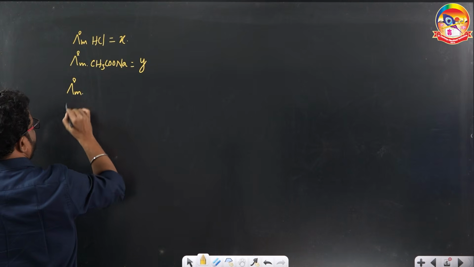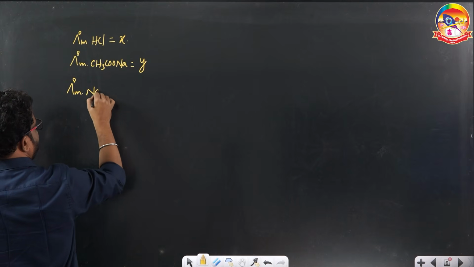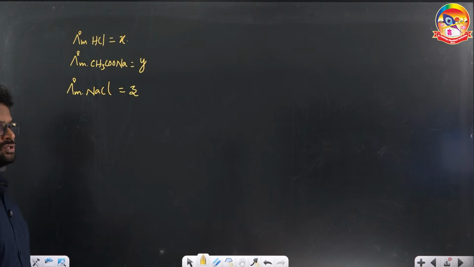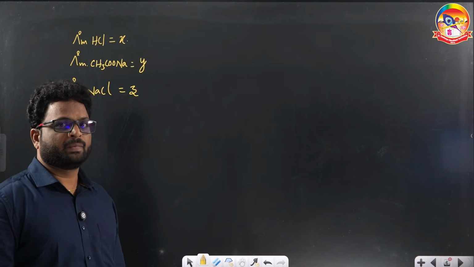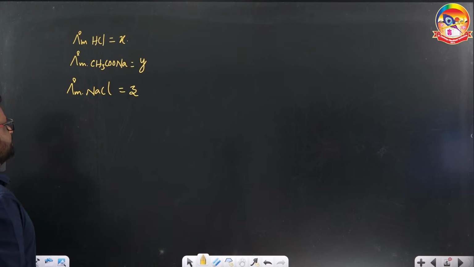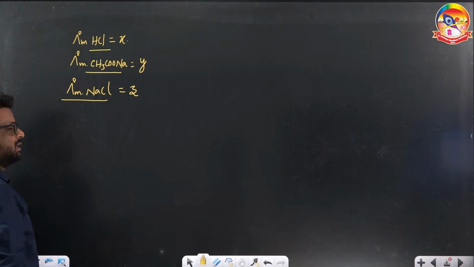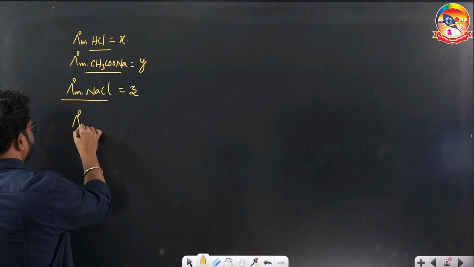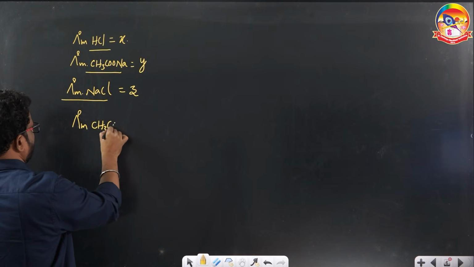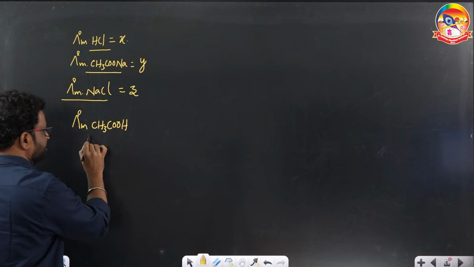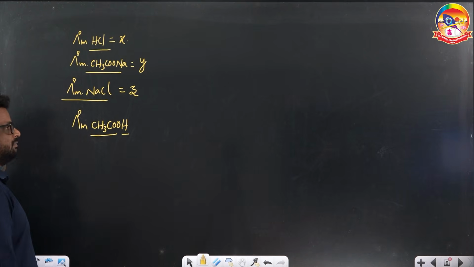Lambda naught m of NaCl is z. See, I have taken three strong electrolytes. These three strong electrolytes can be used to find lambda naught m of a weak electrolyte, that is acetic acid. With the help of strong electrolytes which contain these ions, we can find lambda naught m of this acetic acid.